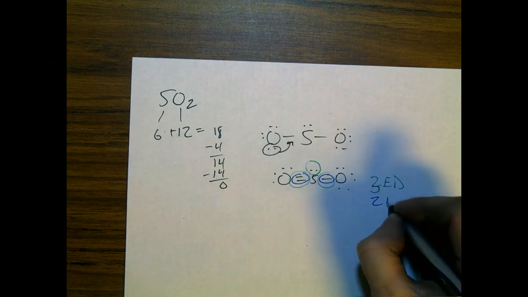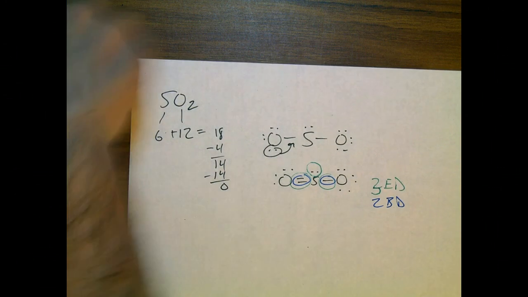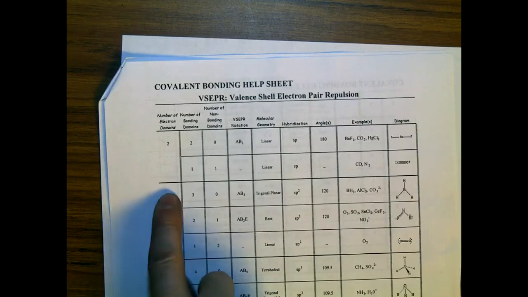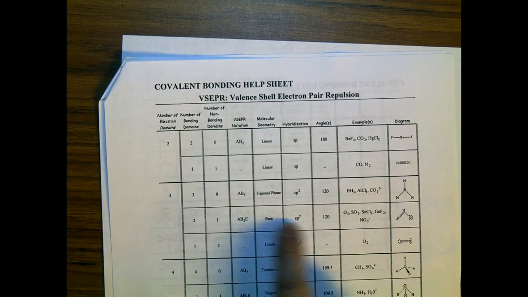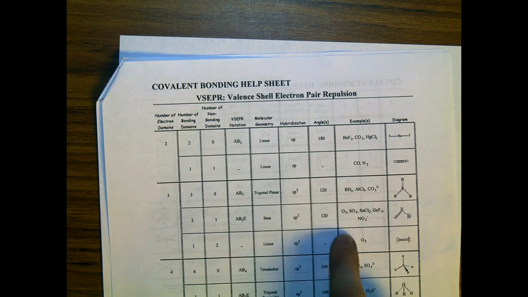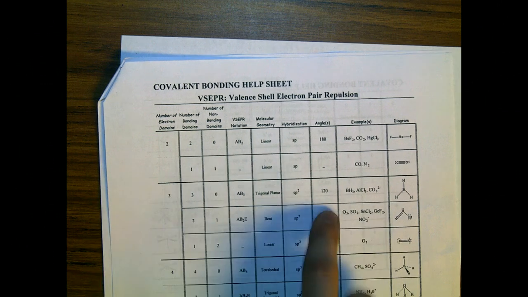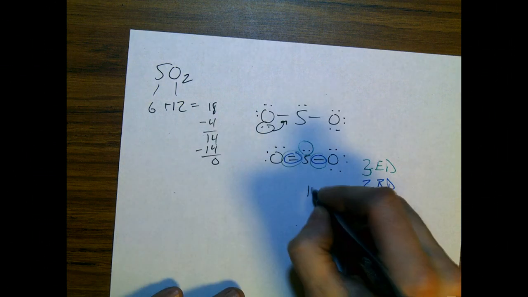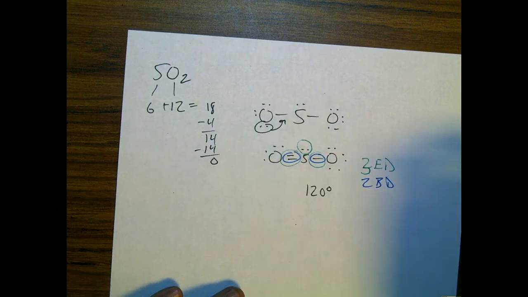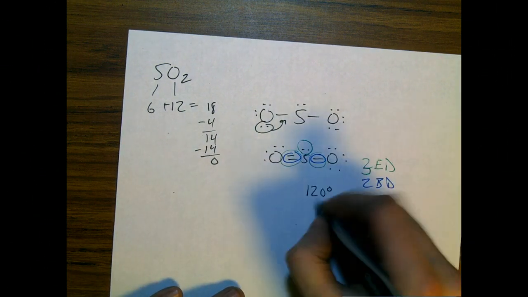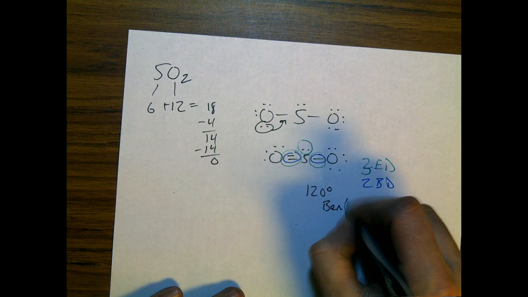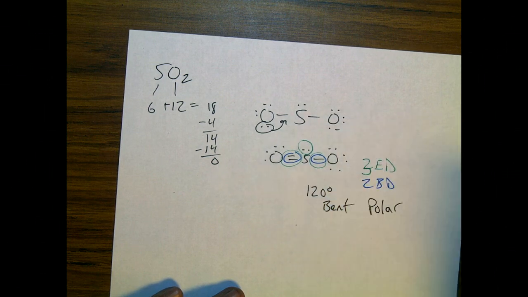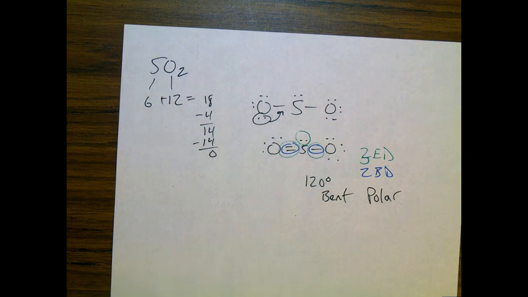I have 2 bonding domains in this structure. 3 electron domains with 2 bonding domains is bent. But again, it's the electron domains that determine our bond angle, so it's 120. You can use that chart on your test. We've got 120 degrees for our bond angles. We have a bent structure, and I told you that bent is always polar. Done deal.